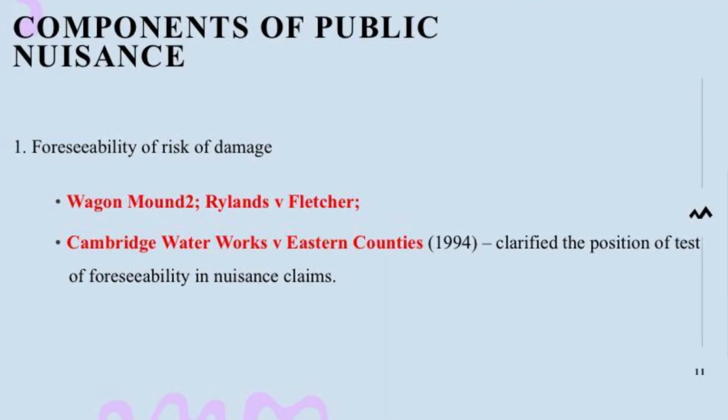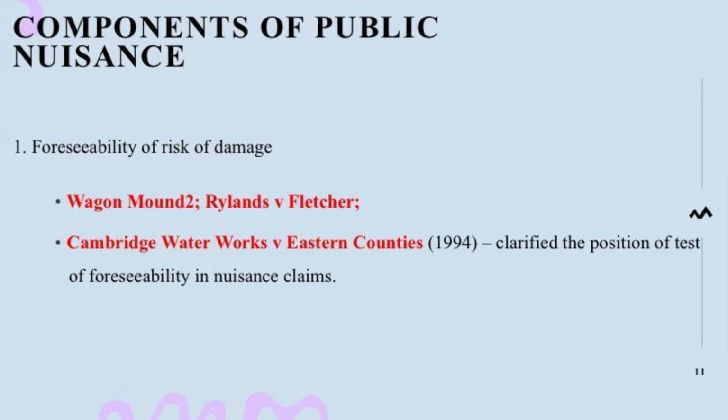You remember the case of Donoghue, the assistant of tort law. You should be familiar with the case of Donoghue in the tort of negligence. And then you have the case, also very significant, Cambridge Water Company v Eastern Counties Leather, which clarified the position with regard to nuisance claims, that foreseeability is also important.